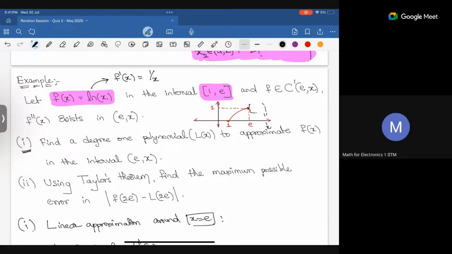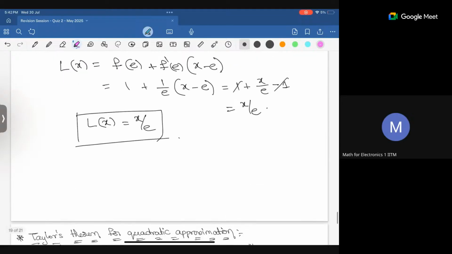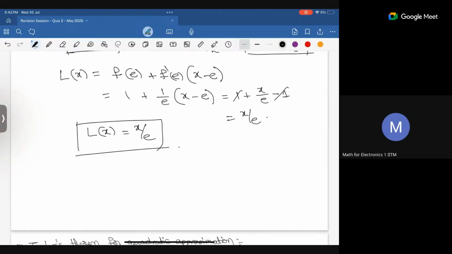In part 2, using Taylor's theorem, find the maximum possible error. You see, we are not asking for the error, rather we are asking to find the maximum possible error in f of 2e, like, the difference between these two at point 2e. So in part 2, they are asking to bound f of 2e minus L of 2e.